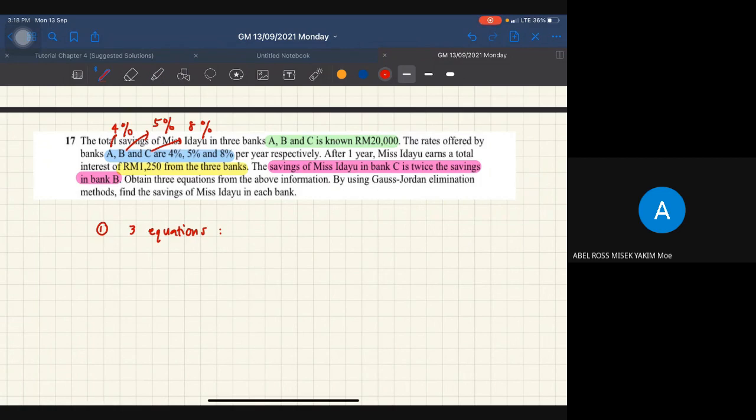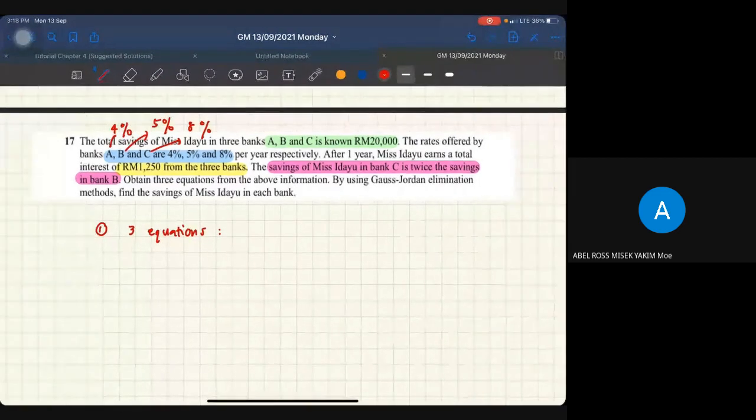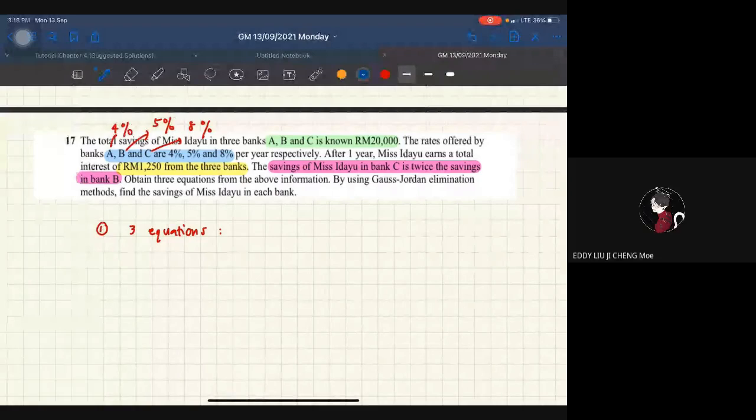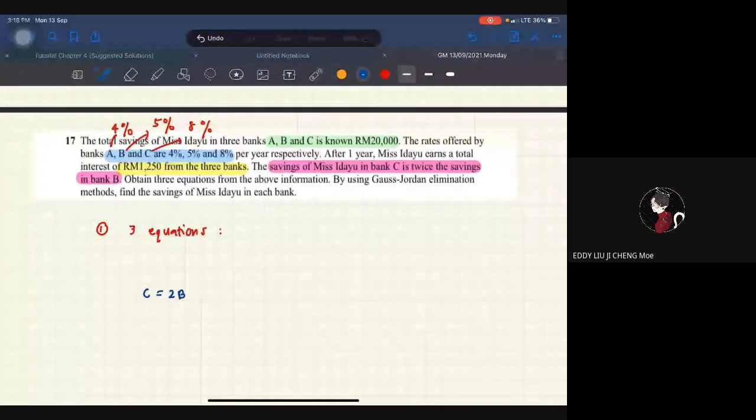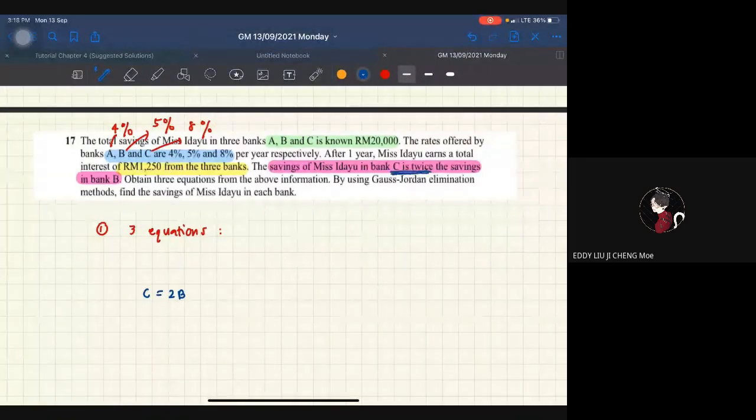Anyone nak cuba? C equals to 2B. Okay, sebab kalau tengok dekat situ, savings of Miss Idayu bank C is twice. So nak cakapnya dekat sini, C ni dia lagi banyak. C is greater than B. So in order for B to get equals to C, dia mesti darab 2. So that's why awak dapat C equals to 2B.